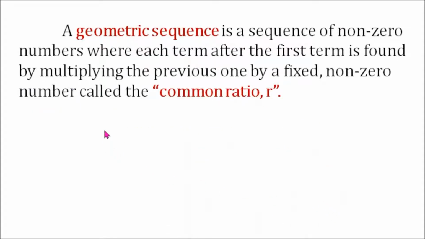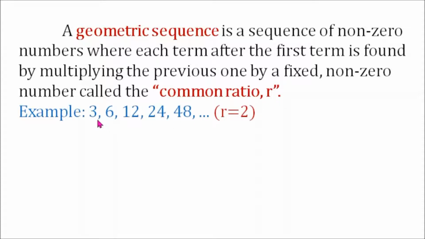So let us recall also that a geometric sequence is a sequence of non-zero numbers where each term after the first term is found by multiplying the previous one by a fixed non-zero number called the common ratio r. 3, 6, 12, 24, 48, and so on is an example of a geometric sequence where r here is 2.